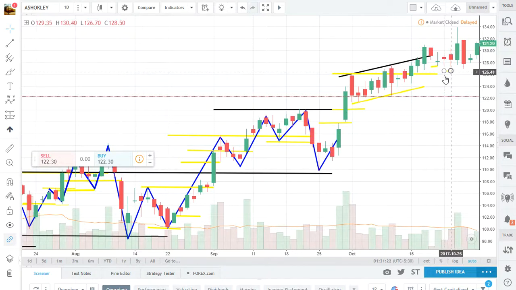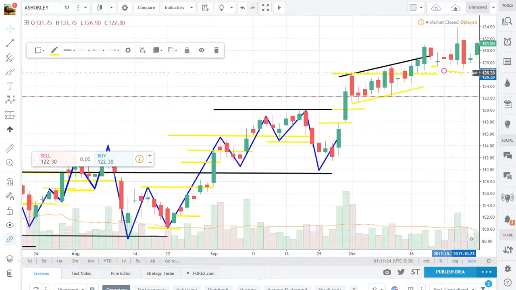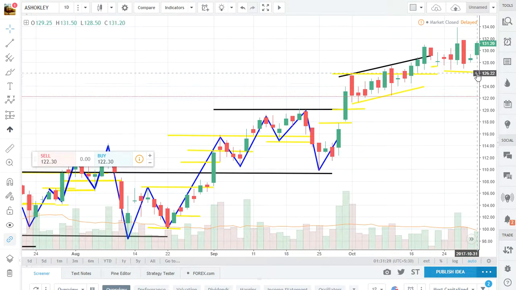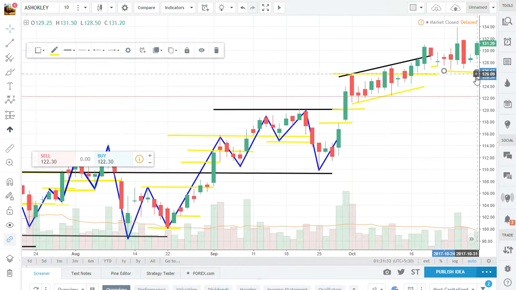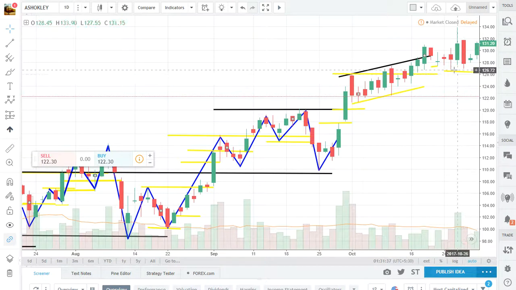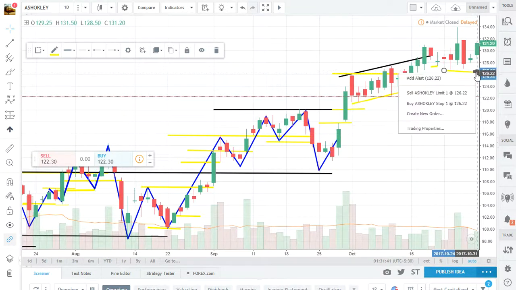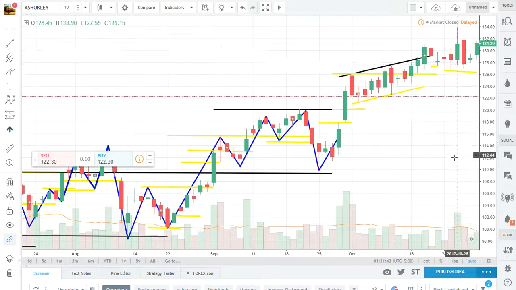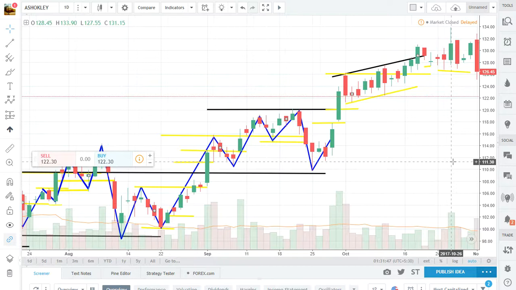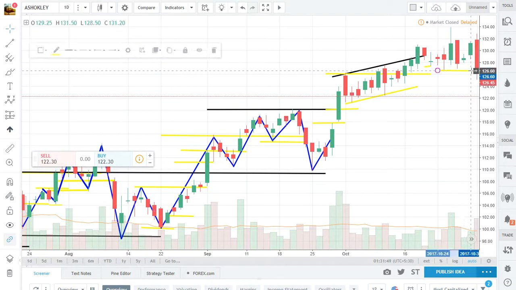So we need to update our critical stop loss to the end of this doji as well, as of now. So let's wait for the next day. Our stop loss has been hit.